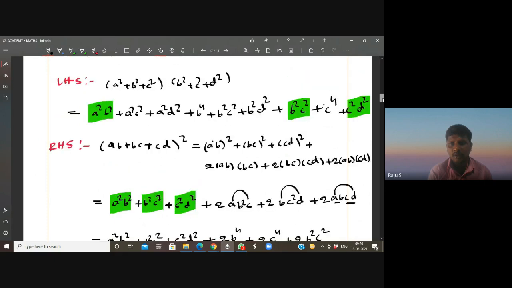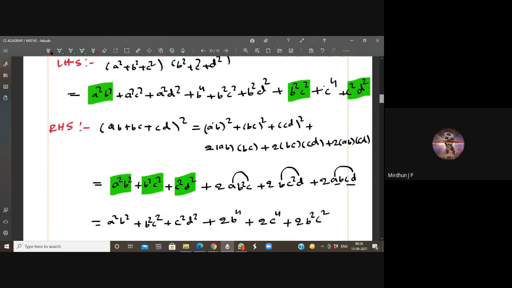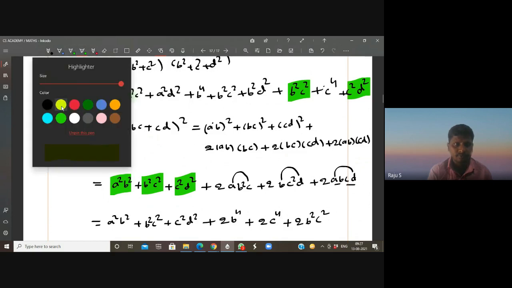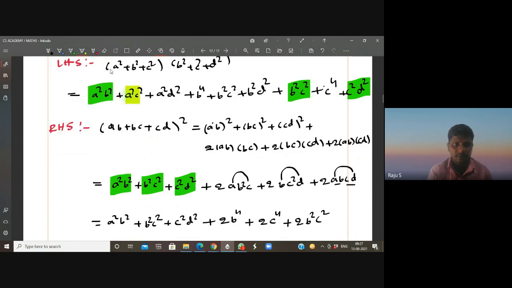Okay, students, then what about here? B square C square is equal to A square D square. Look at this A square C square; shall I write it as AC the whole square?